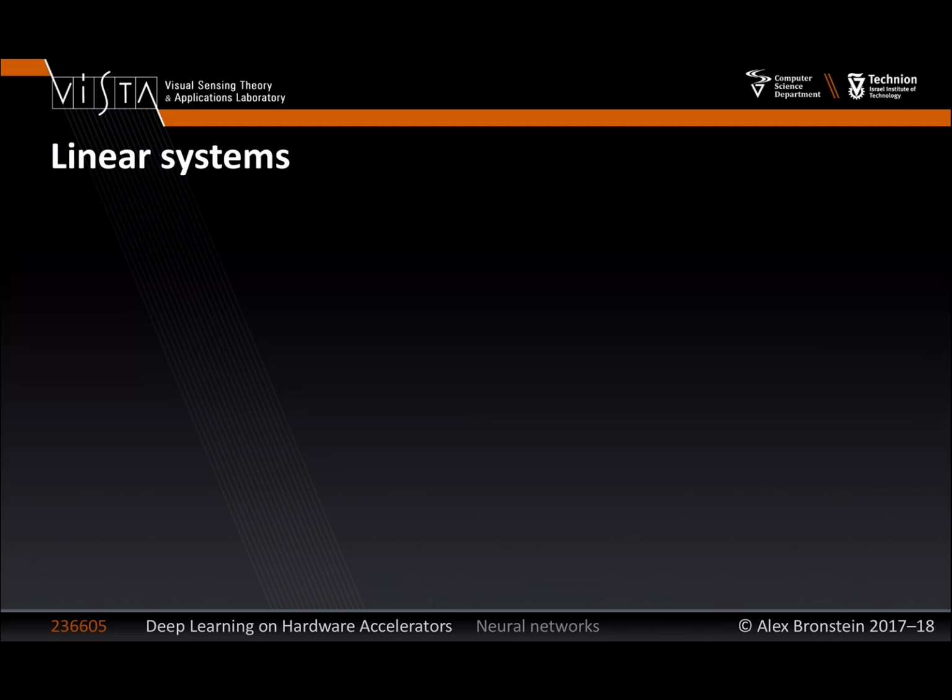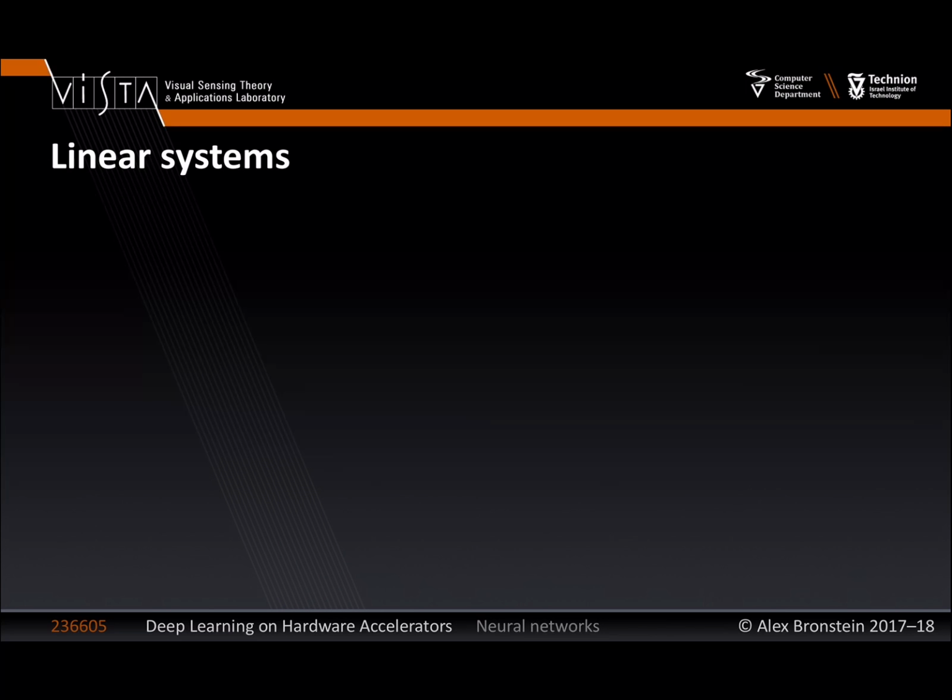Okay, so let's now speak about linear systems. This is a particular class of systems that can be defined as linear transformation. So what linearity means, essentially, is that my system is additive and homogeneous, right?